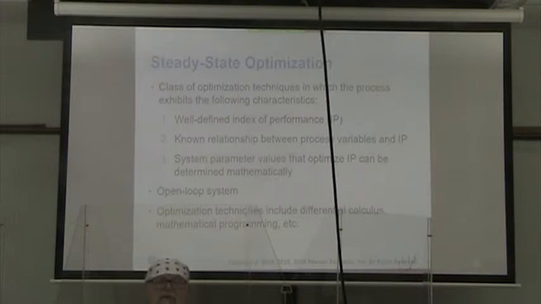We have a well-defined index of performance. We have a known relationship between the process variables and the index of performance. The system parameter values that optimize the index of performance can be determined mathematically. So it's an open loop type system, and our optimization techniques may include differential calculus and mathematical programming.